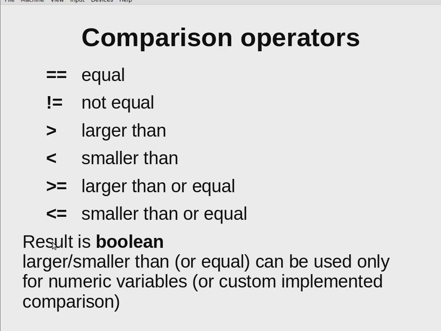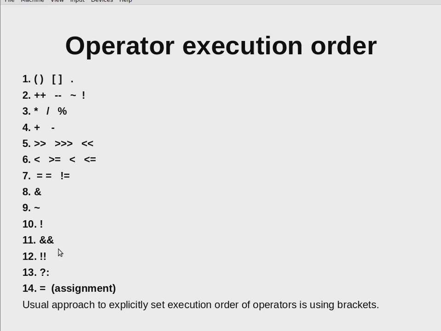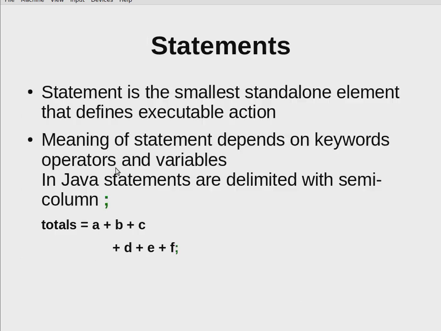For comparison operators, result is always boolean, so this means either true or either false. For operator execution order, this is more or less what you have learned from mathematics in secondary school. And if you are not sure, then of course you can always put normal brackets to force proper order execution.